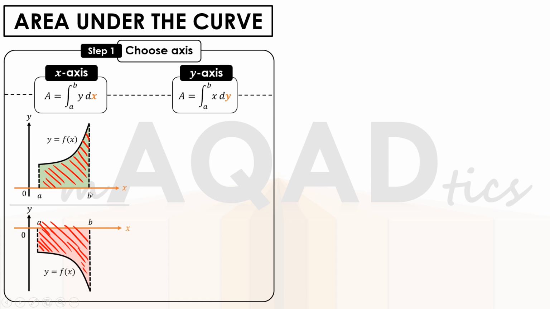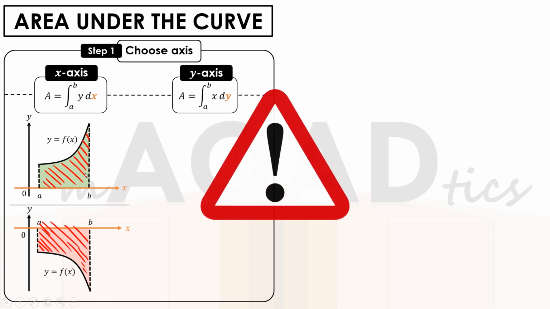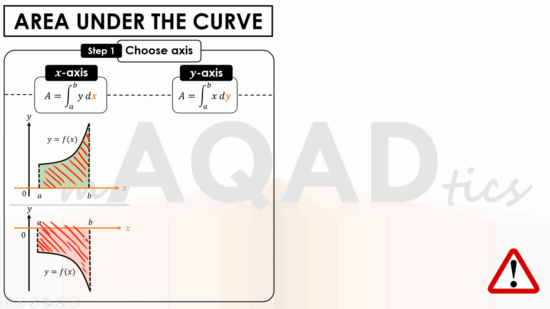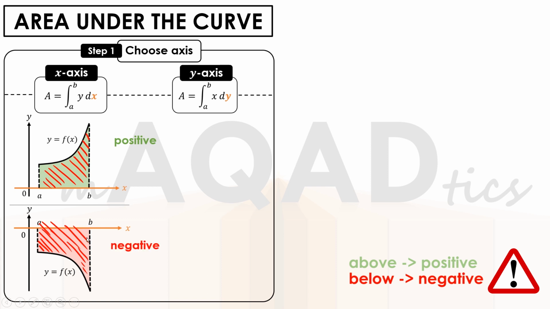So what is the difference between these two? Why the area here is green and why here the area is pink? Reason is because when we go into the walkthrough videos, you realize that for areas above the x-axis, it is actually positive. But if it is below the x-axis, it's actually negative.